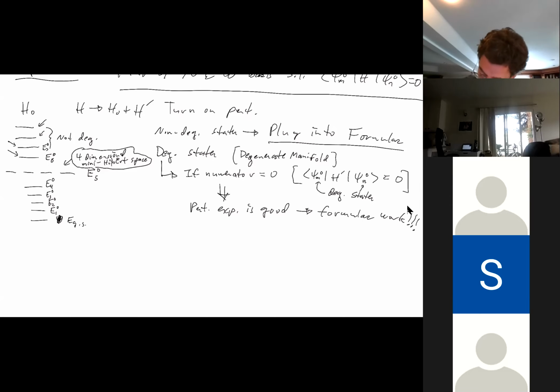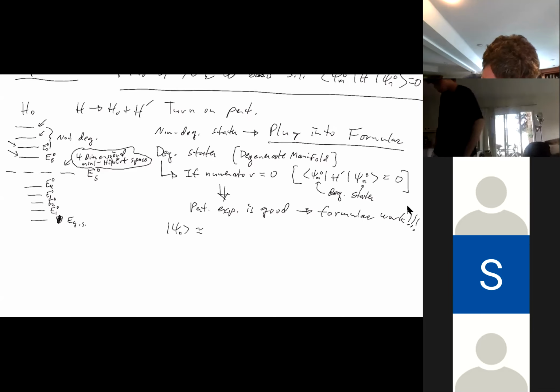Then you just plug into your formulas and they work.